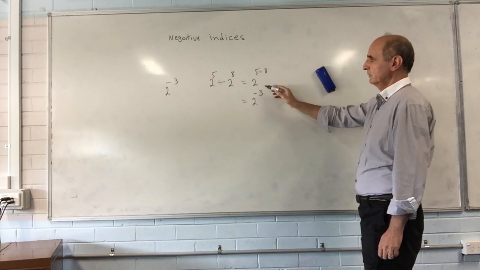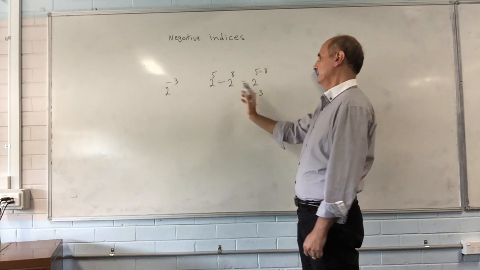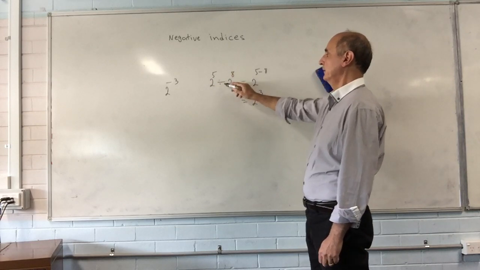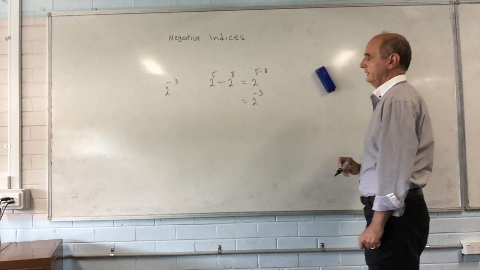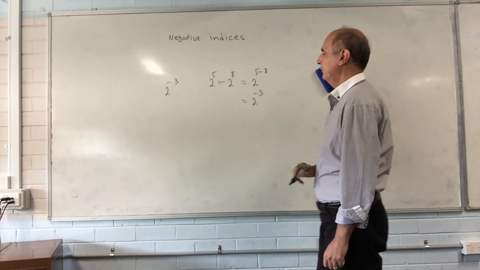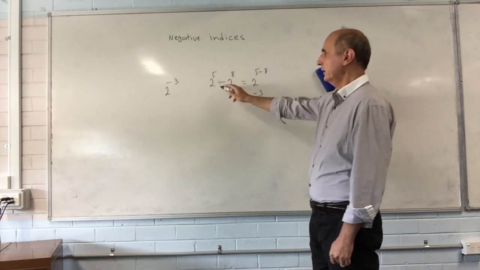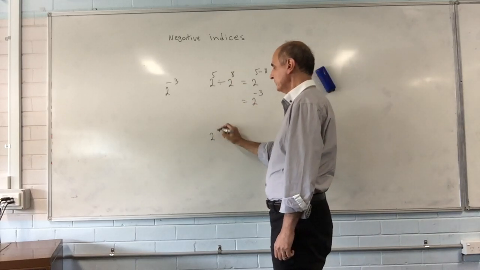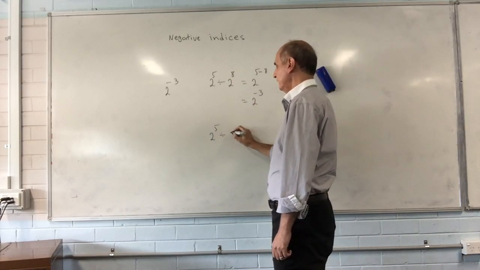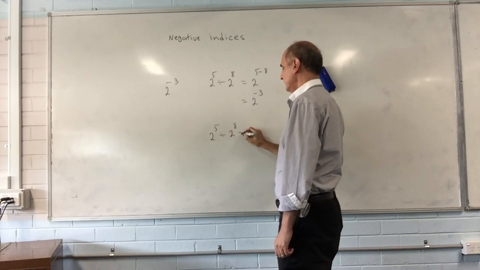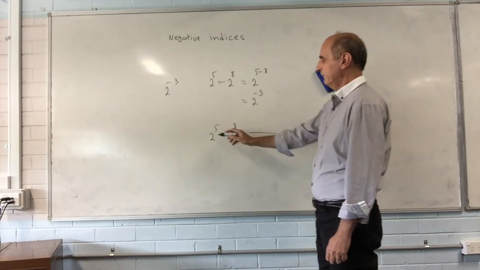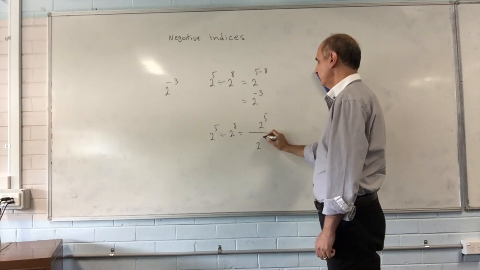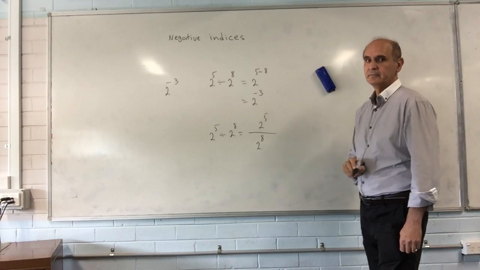So 2 to the minus 3 is the same as the quotient of 2 to the 5 divided by 2 to the 8. But we also know that we can write any division as a fraction. So 2 to the 5 divided by 2 to the 8 can be written as a fraction, where 2 to the power of 5 is at the top and 2 to the power of 8 is at the bottom.